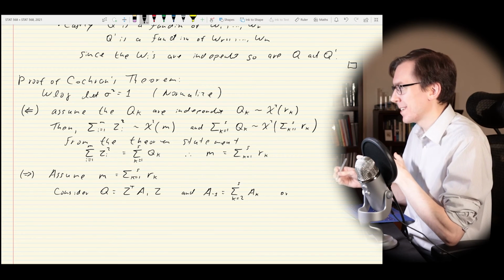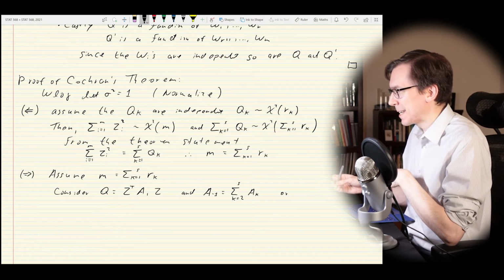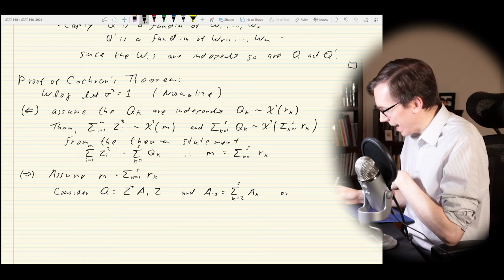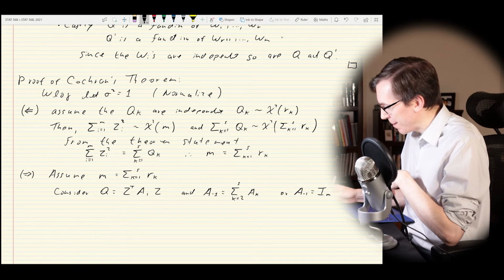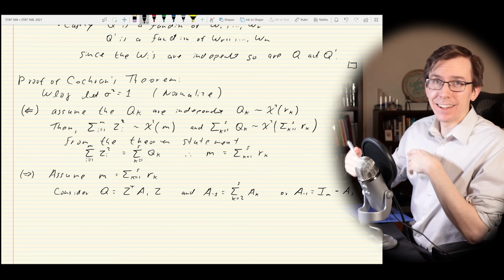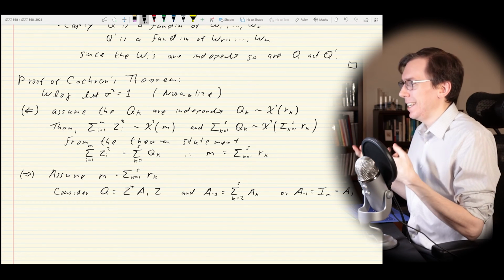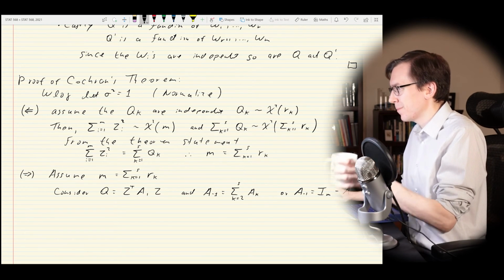Because the A_k have to sum up to the identity, we have that A_{-1} is just going to be the m by m identity matrix minus A_1. So now this is looking a lot like what we saw in the above lemmas.